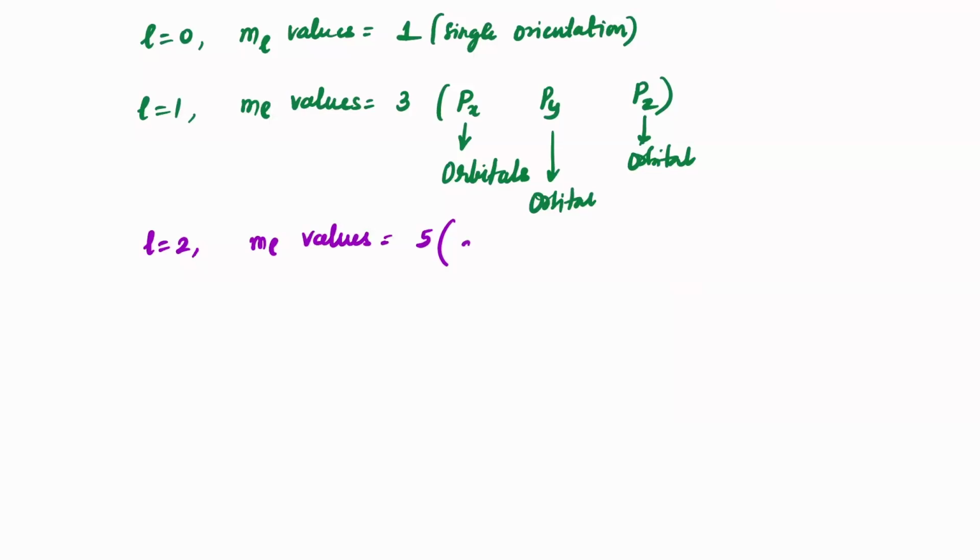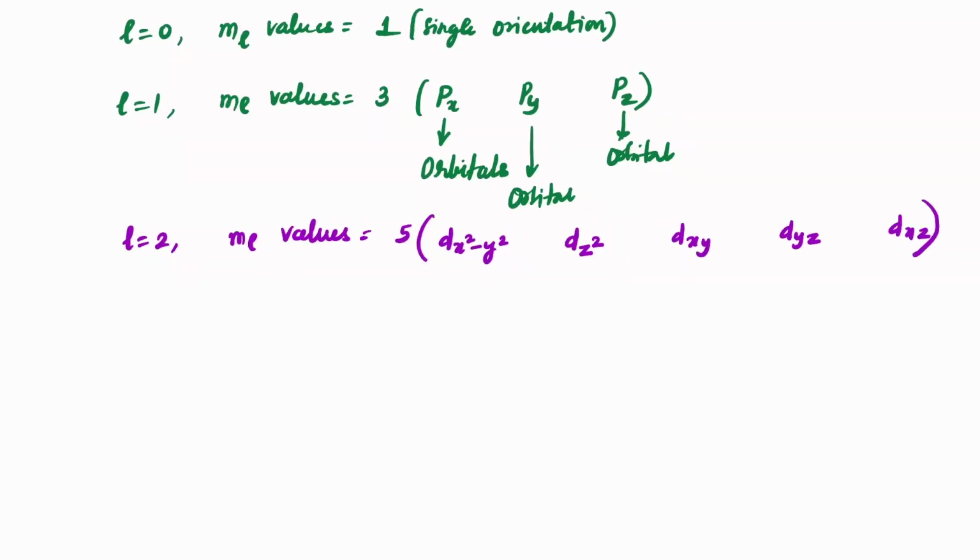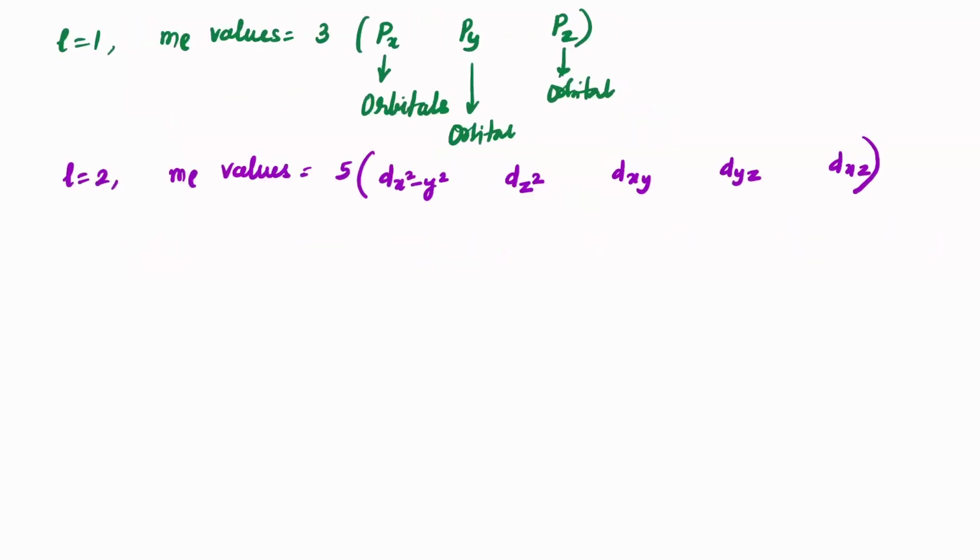The orientation directions are represented as dx square minus y square, dz square, dxy, dyz, and dxz. So how many orientations? 5 different orientations, and these are their respective labelings. So that means we have 5 different orbitals.